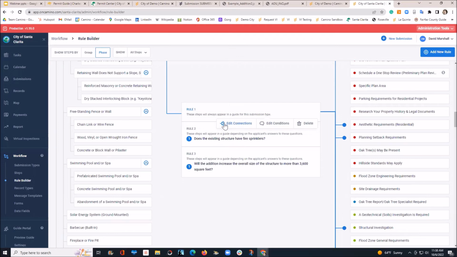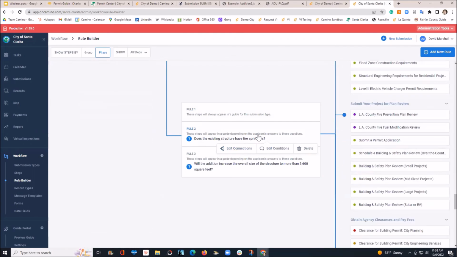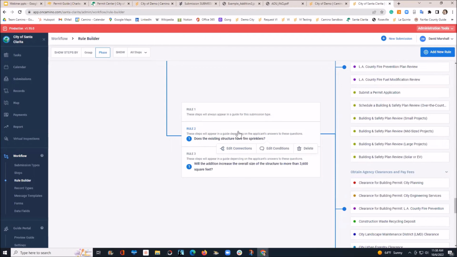But the real power of Camino and how we customize each guide is in example here of rule 2. Rule 2 is these steps will only appear based on how they answer the question. In this example, does your existing structure have fire sprinklers, right? So if they answer yes, they do the steps. If they answer no, they don't do the steps.